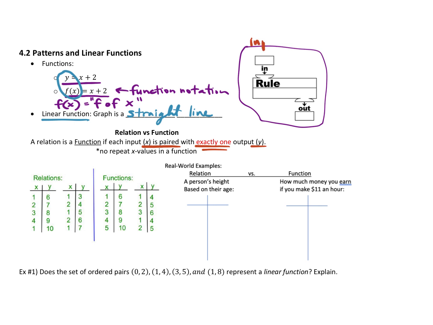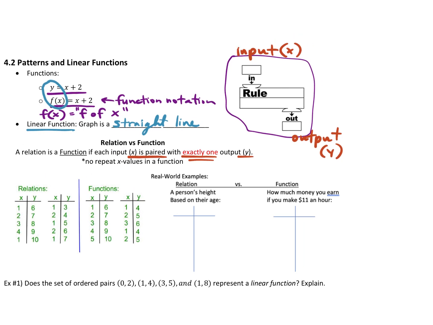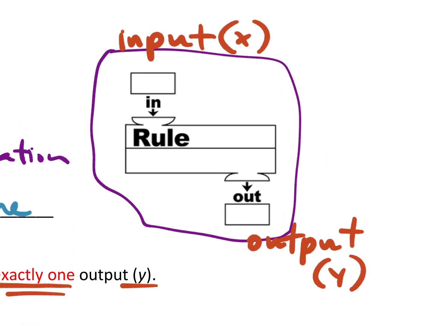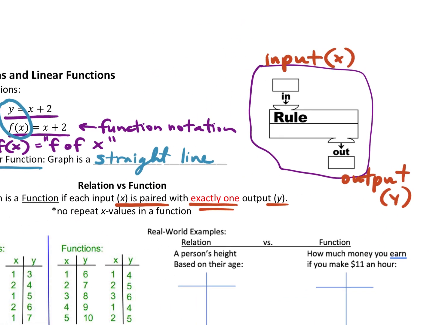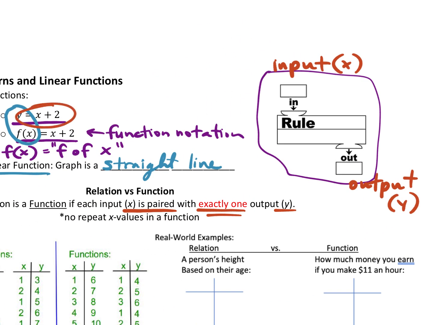you have what's called an input and an output, right? You have an x value that you plug into something, and what you get out of it is your y value. So if you look at this function setup, let's say I take the function that we're using right here, y equals x plus 2.